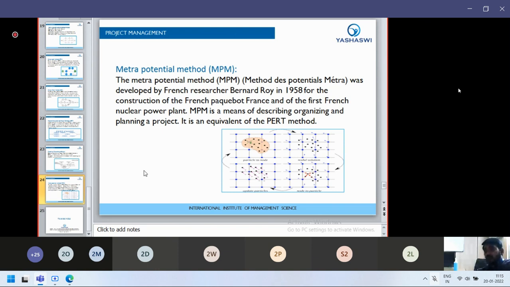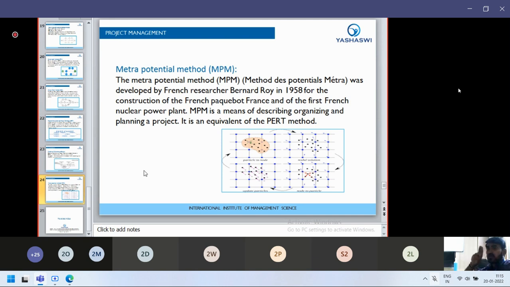It will not be examined, but it is part of your knowledge. In any nuclear power plant, two components are used, that is uranium and thorium. These are the two key elements in a nuclear power plant.